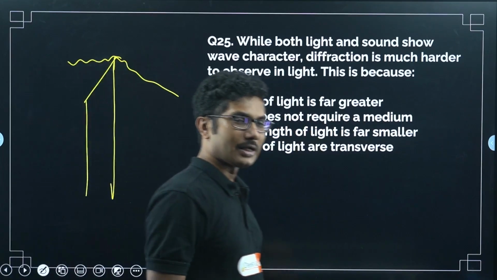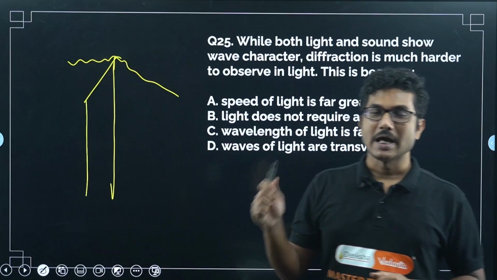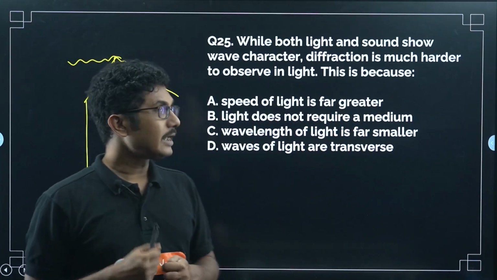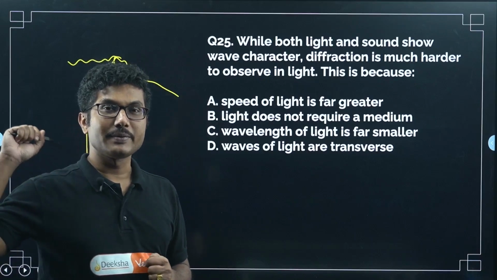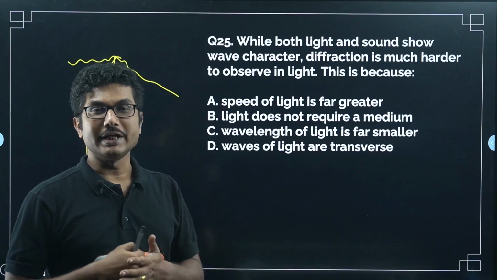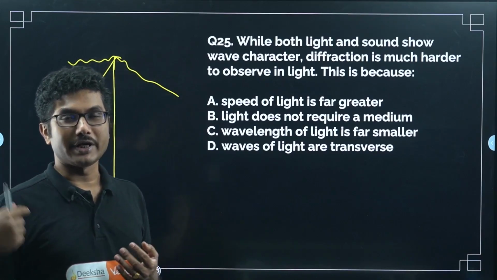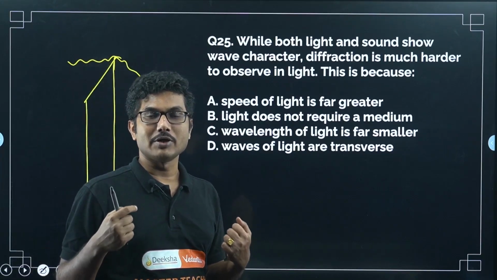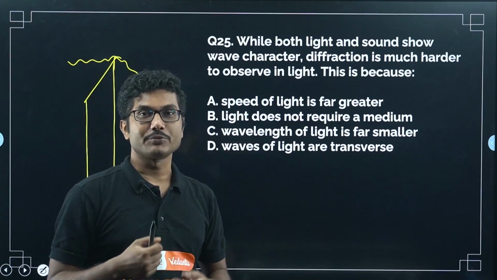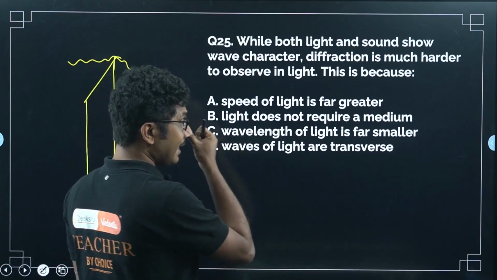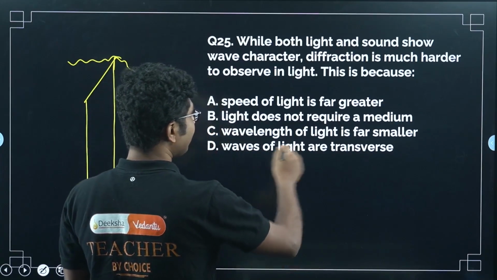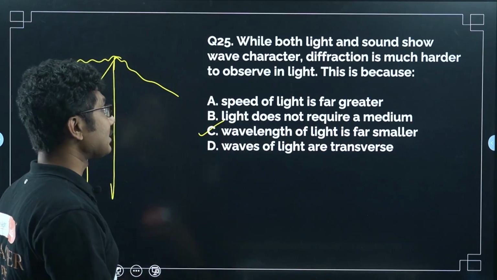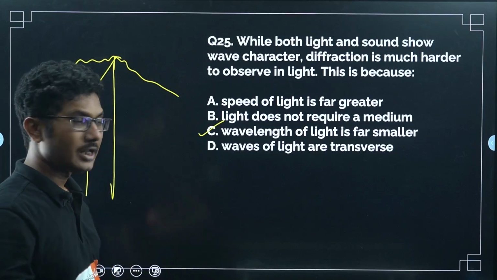Even though we use very sharp objects such as a knife, they are not super common, and they have specific purposes. That's why we don't see diffraction too often. We have to make some special arrangement to observe diffraction, right? The wavelength of light is far smaller, that's why it is difficult to observe diffraction for light.